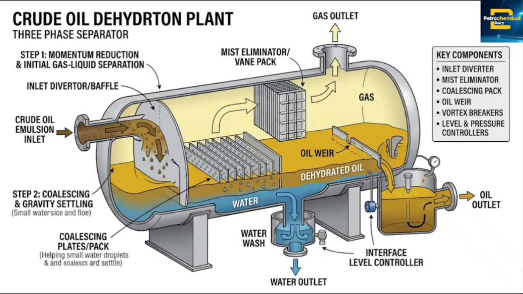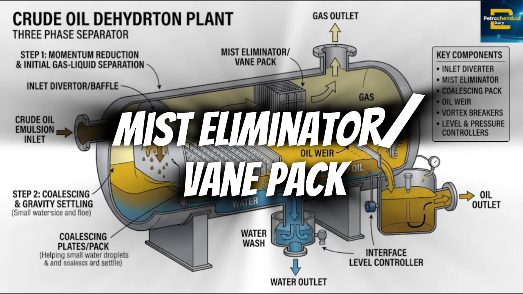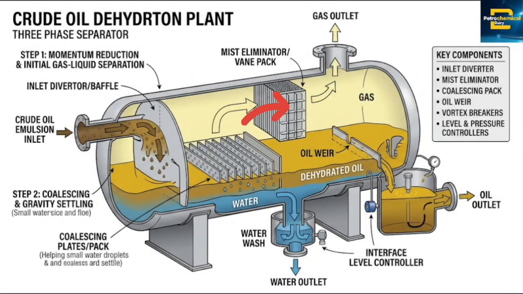So we now come to the gas. That's what we call the mist eliminator or vane pack. This mist eliminator or vane pack catches any liquid droplets carried with the gas. The gas comes to this mist eliminator, and it removes any water droplets from the gas.